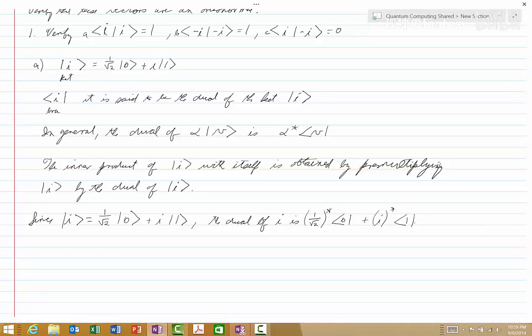And furthermore, since we have this notation here for the ket I, the dual of that has this notation.